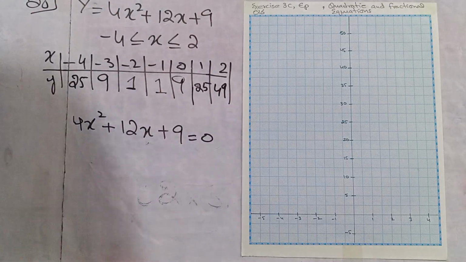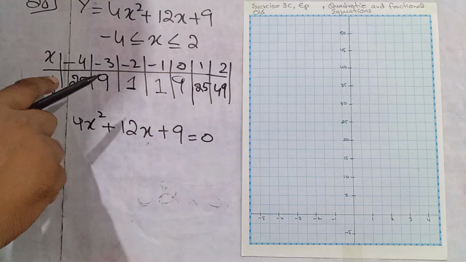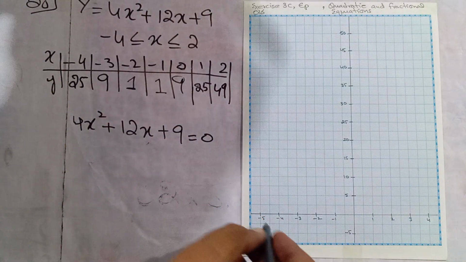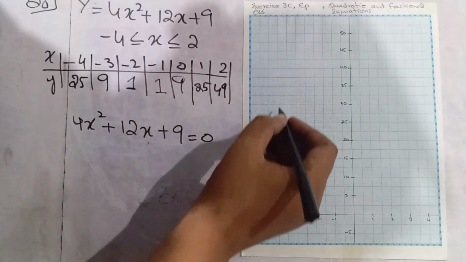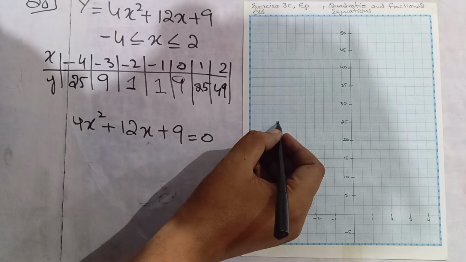Okay, so now I will plot these points and we will see what happens. At minus 4 it is 25. Where is 25? At minus 4 it's 25 here.